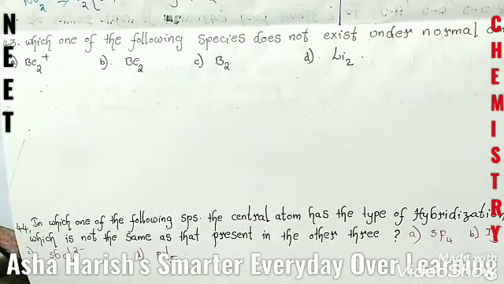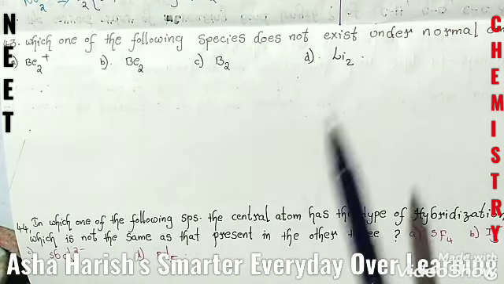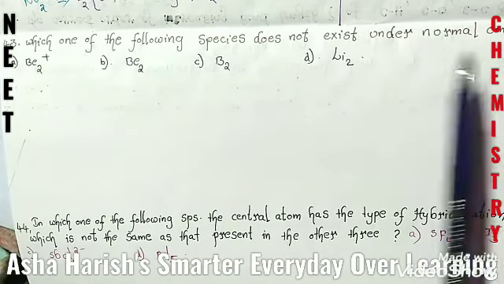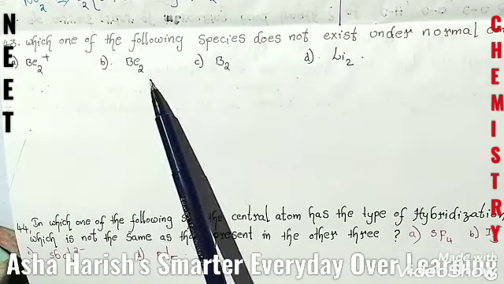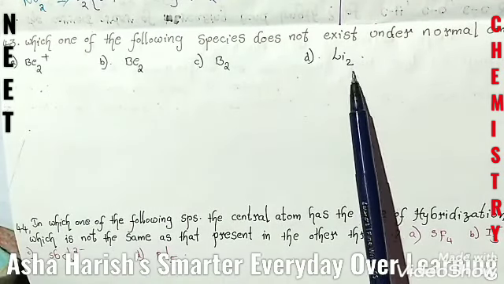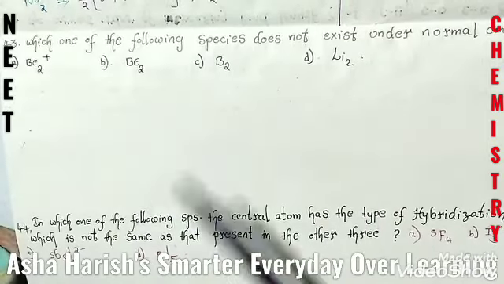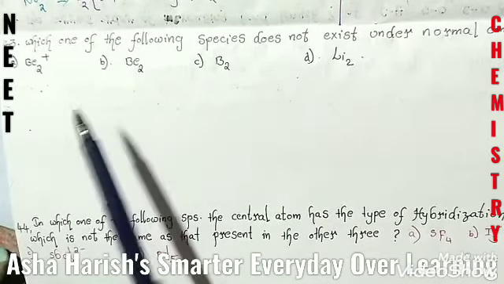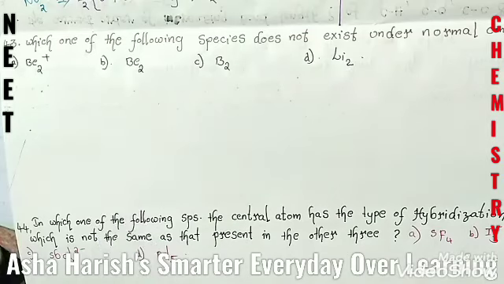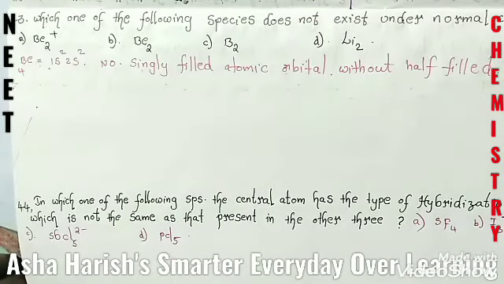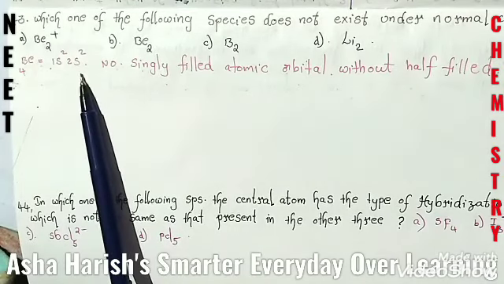Here the next question: which of the following species does not exist under normal conditions? Be2 plus, Be2 and B2 and Li2. Okay students, for all of these options I'll give you the explanation. For option A, Be2 plus, beryllium atomic number 4 and its electronic configuration is 1s2 2s2.